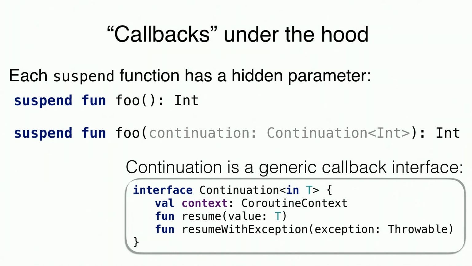So under the hood, this suspend magic works via the same callbacks, but now these callbacks are hidden by the compiler and you don't work with callbacks directly. The Kotlin compiler makes all the changes automatically.